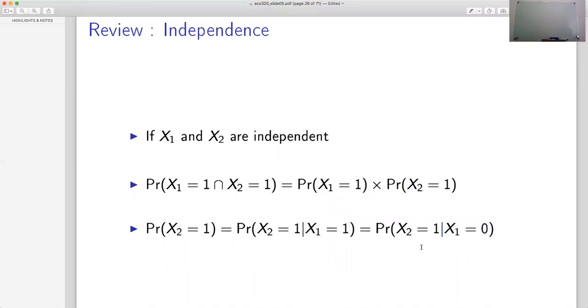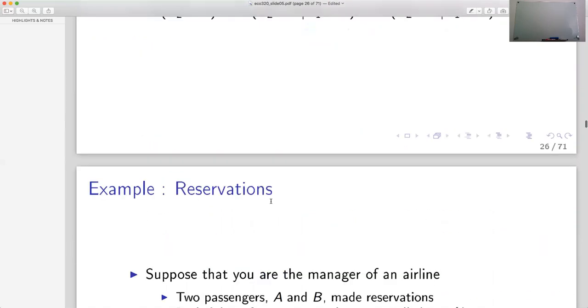Those are very important concepts. This is what independent means, or using Bayes' law or the conditional probability law we learned before, right? We derived this concept. So if you don't remember, please go back to chapter 2 and study independence, and also look at chapter 1 as well.